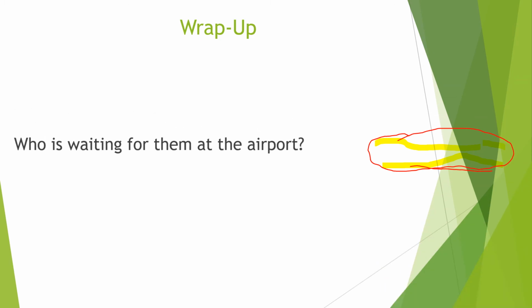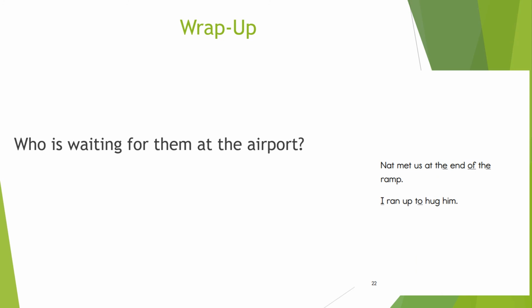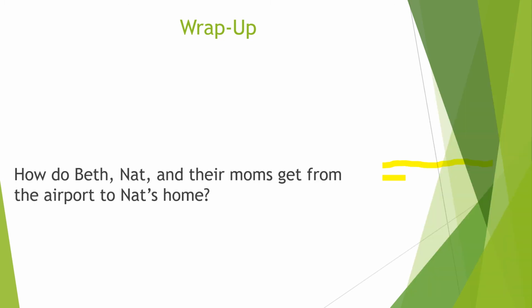Next question. Who was waiting for them at the airport? Let's look back at page 22. It says, Nat met us at the end of the ramp. So Nat was the person waiting for them at the airport. Last question. How do Beth and Nat and their moms get from the airport to Nat's home?